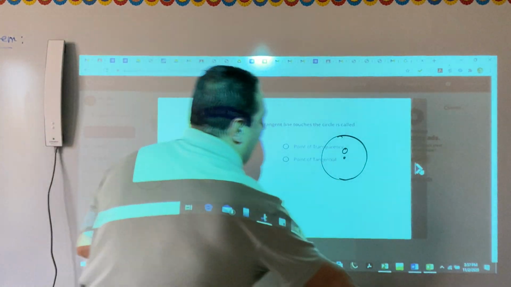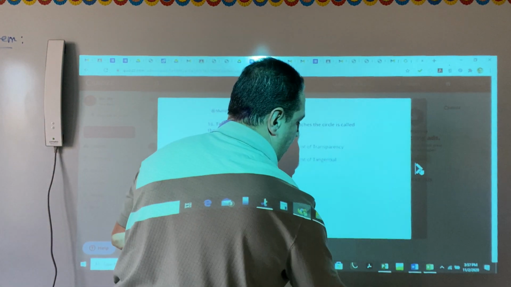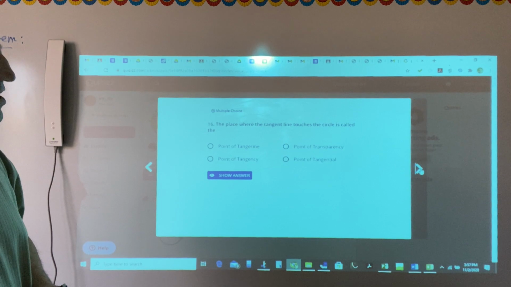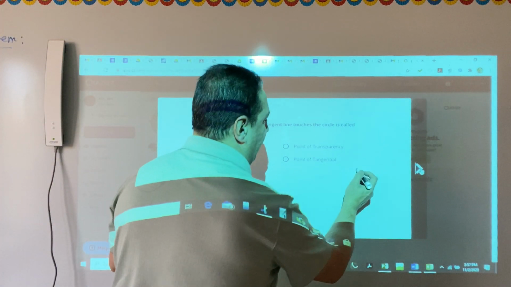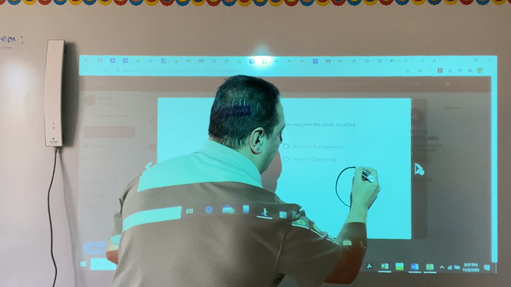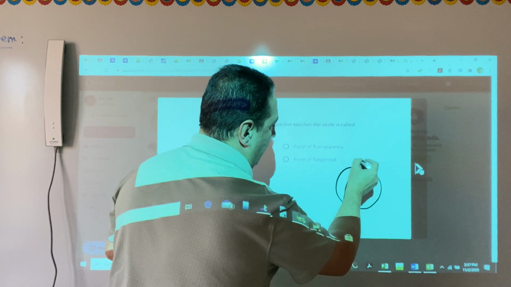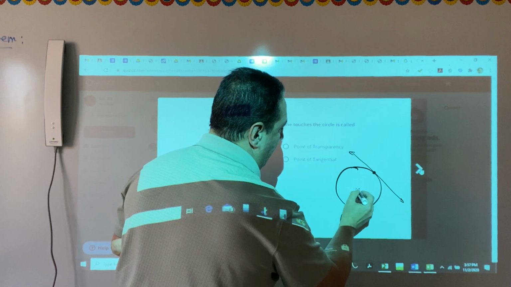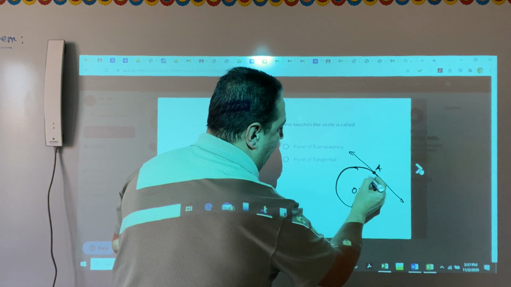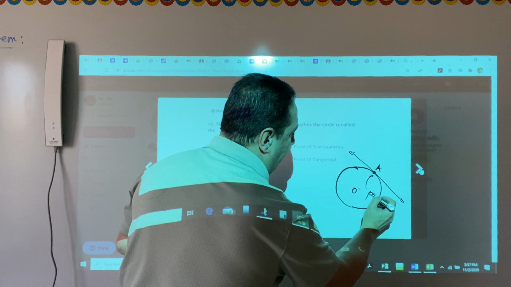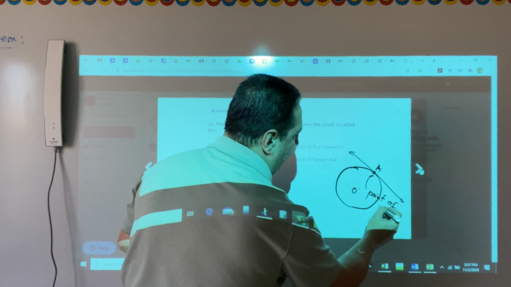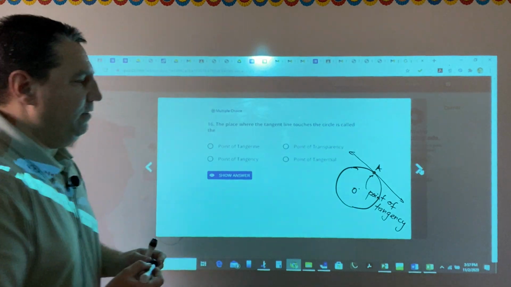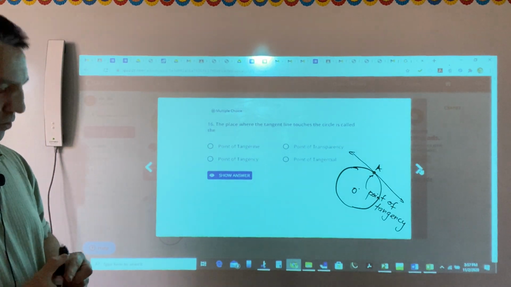The place where the tangent line touches the circle is something like that. Let's say A, yeah? A is called the point of tangency, right? Good.